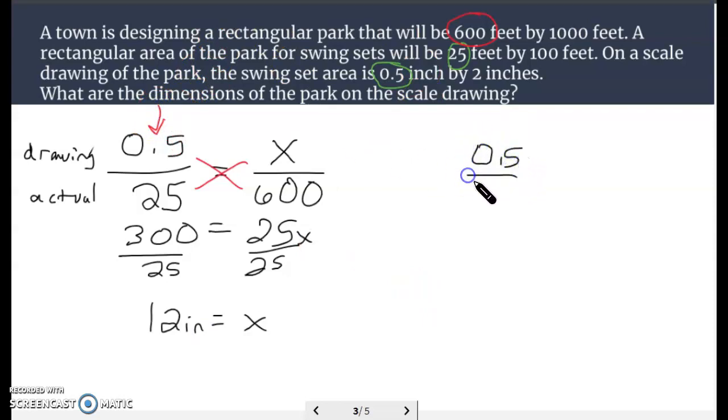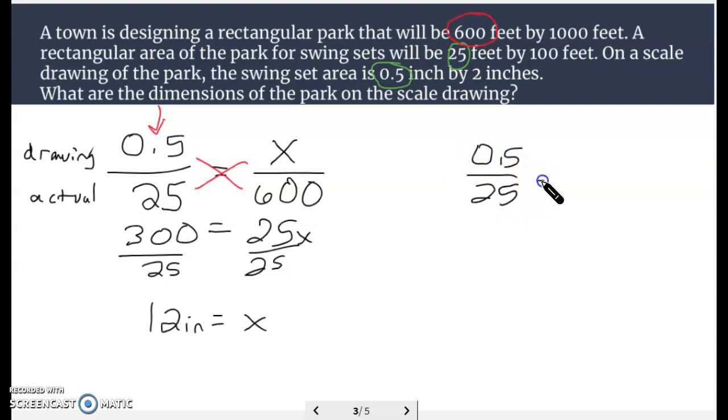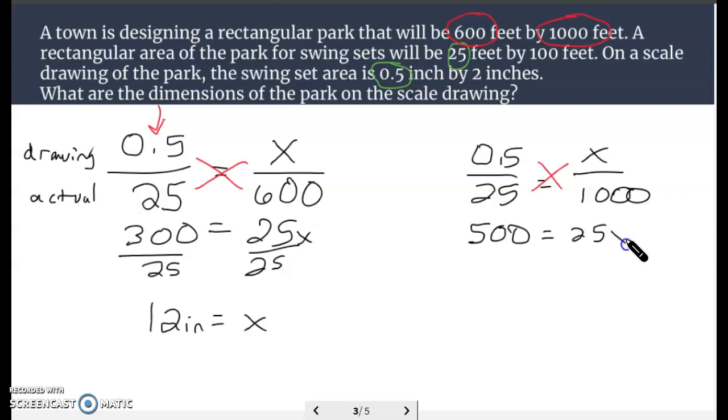0.5 divided by 25 equals x over... This time we're going to use 1,000 feet instead of the 600 because we need the other dimension. Crisscross multiply once again. 0.5 times 1,000 is 500. 25 times x is 25x.